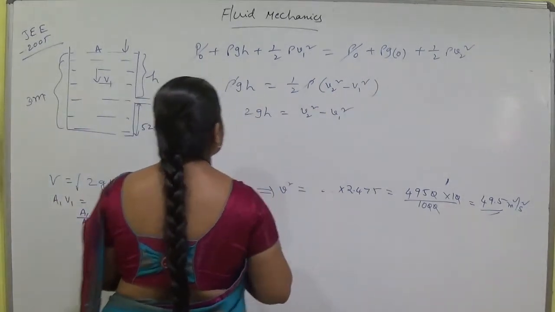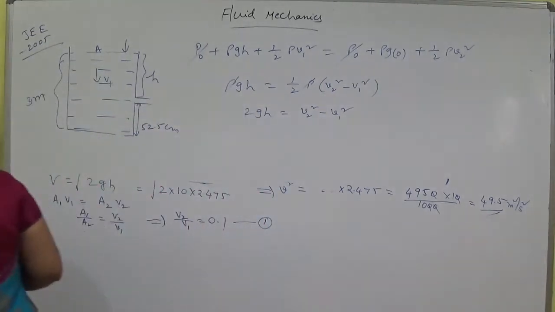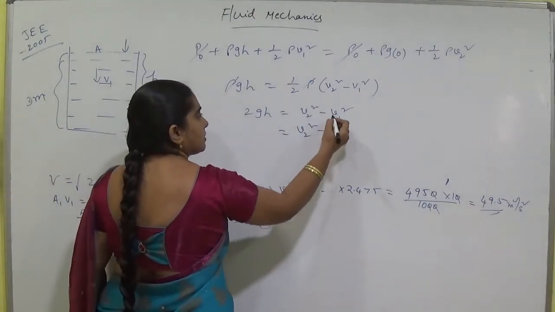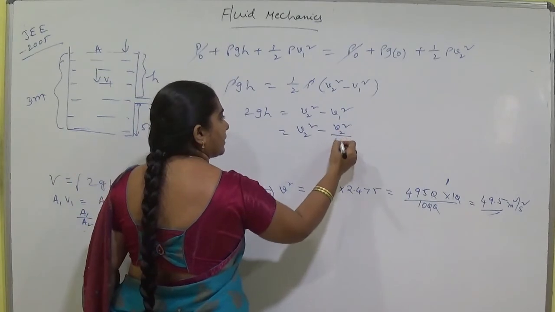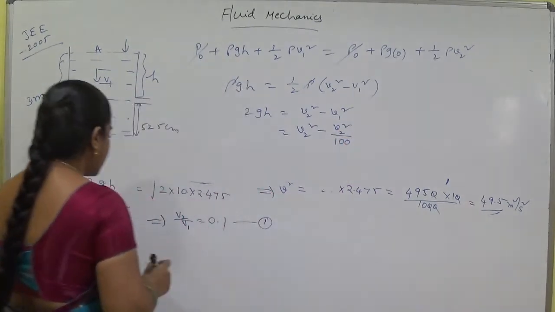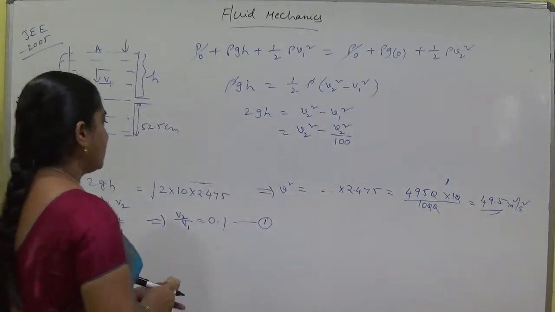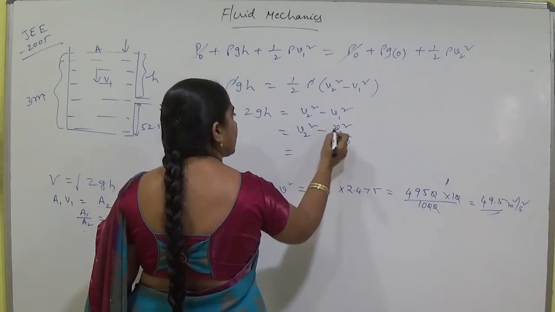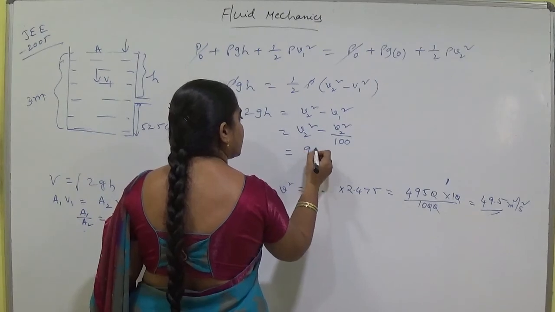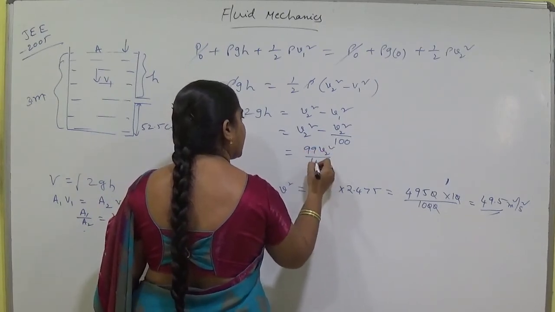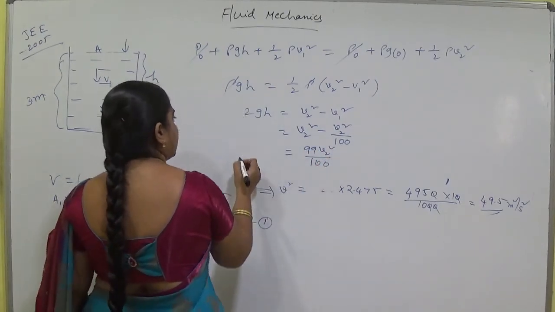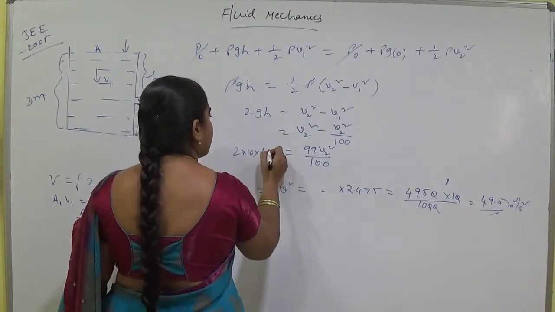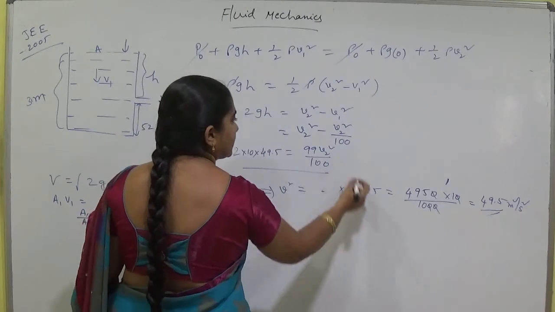V2 square minus V1 square, where V1 is V2 by 0.1. So 100 V2 square minus V2 square, that is 99 V2 square by 100, into 2GH. 2 into 10 into 49.5, calculate.